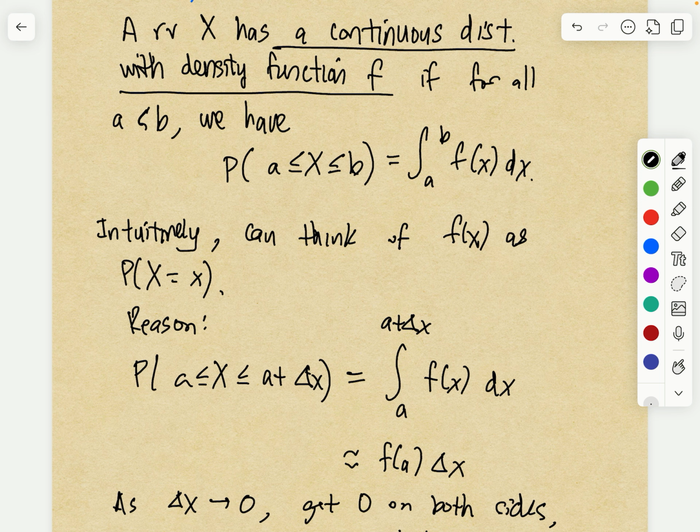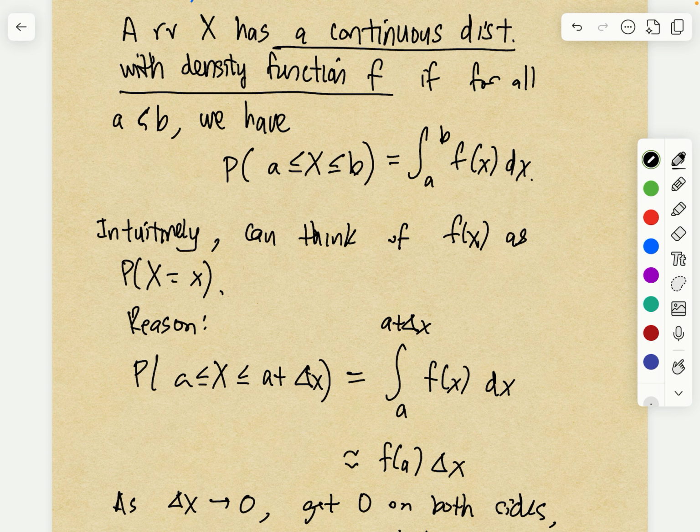Because if you have the probability that x is x and then multiply it by delta x, you get approximately the probability that x is between x and x plus delta x. Maybe I should rephrase that.